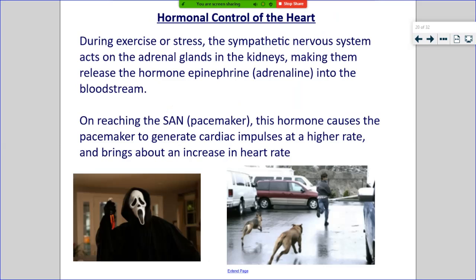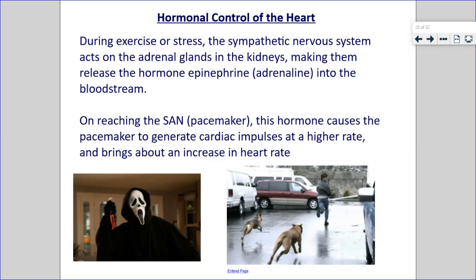Hormones can have an effect on heart rate as well. So when we're exercising or when we're stressed, the sympathetic nervous system has an effect on the adrenal glands. There are nerve impulses being sent to the adrenal glands when we're stressed, and that causes them to release a hormone called adrenaline.